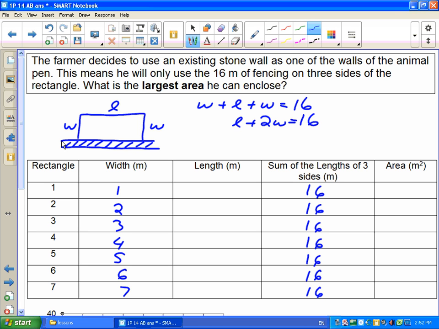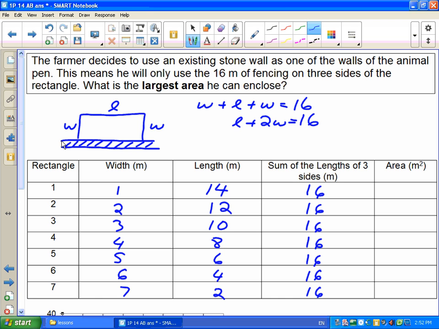Okay? So if our width is 1, 2 widths is 2, so our length has to be 14 to give us the 16. If our width is 2, 2 times 2 gives us 4, so we need 12 to make up that 16. So our length is going to change by 2 every time. 6, 4, and then 2.